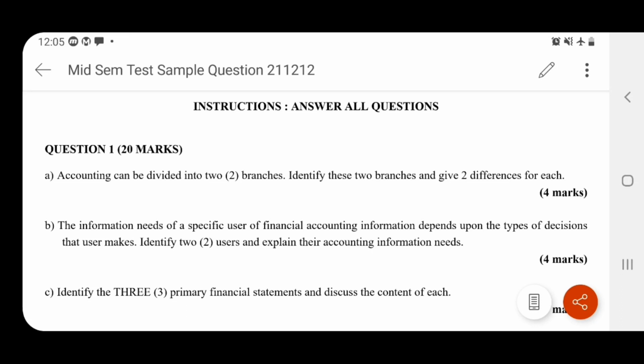Remember, the output of financial accounting is financial statement. So the user of financial statement is mainly external users. For management accounting, the main user of management accounting output is the internal user.